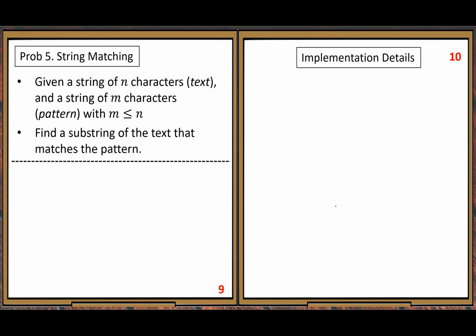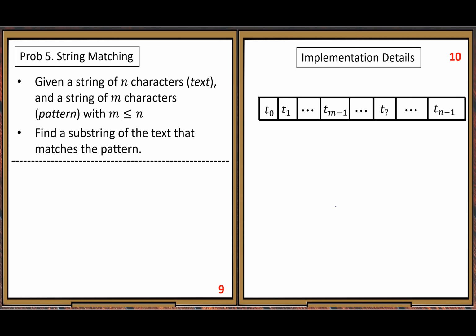When we do implementation details, we need to run a for loop for the character comparisons. Let us apply the for loop on the sequence of characters in the given text, in this diagram.